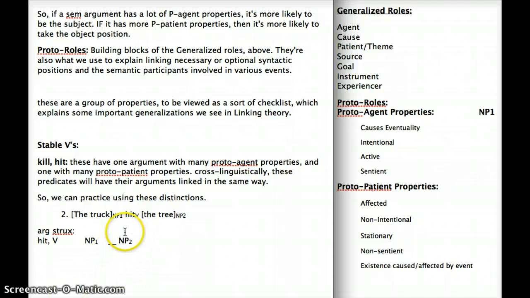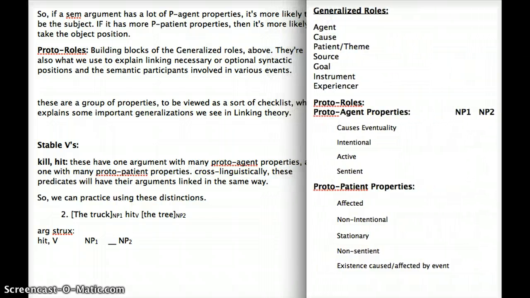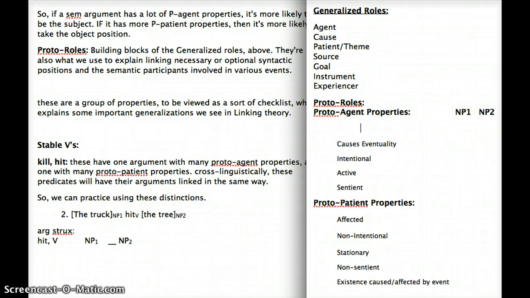So now we can look at the hitter and hittee, which we'll show over here, and see how they line up. So in any hitting event, you're going to have the hitter somehow causing the event a bit more than the hittee would.